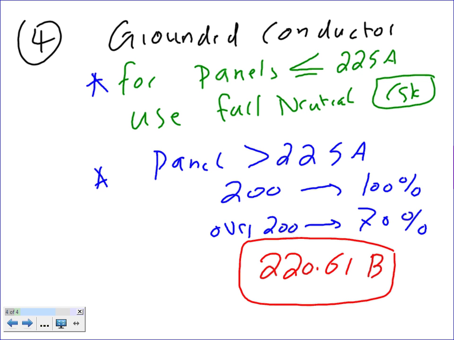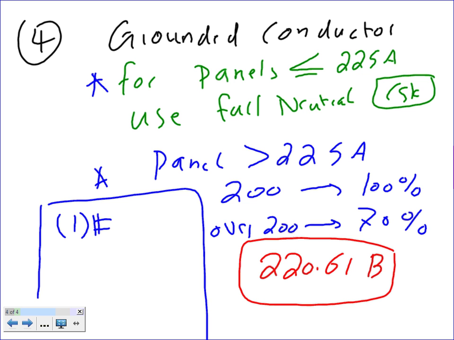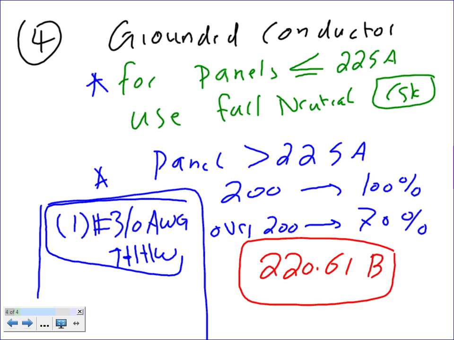Okay. Can you guys write these two rules? Anything 225 amp, don't even mess with it, use a full neutral. Based on this, my neutral in this case needs one conductor, number 3/0 AWG, THHW. Anybody disagree, guys?